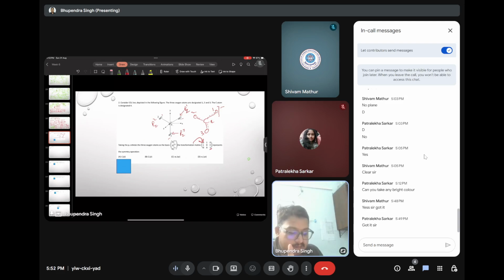So the only diagonal element which is not changed is this Z. Now try to find out which symmetry operation or element is possible. Now this is enough hint.